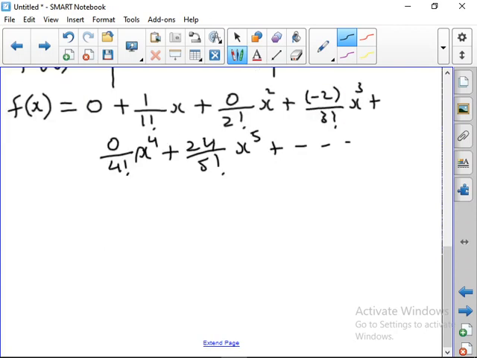So which gives us f of x is tan inverse of x. So tan inverse of x is equal to 1 by 1 factorial is x, so x, next term is 0.